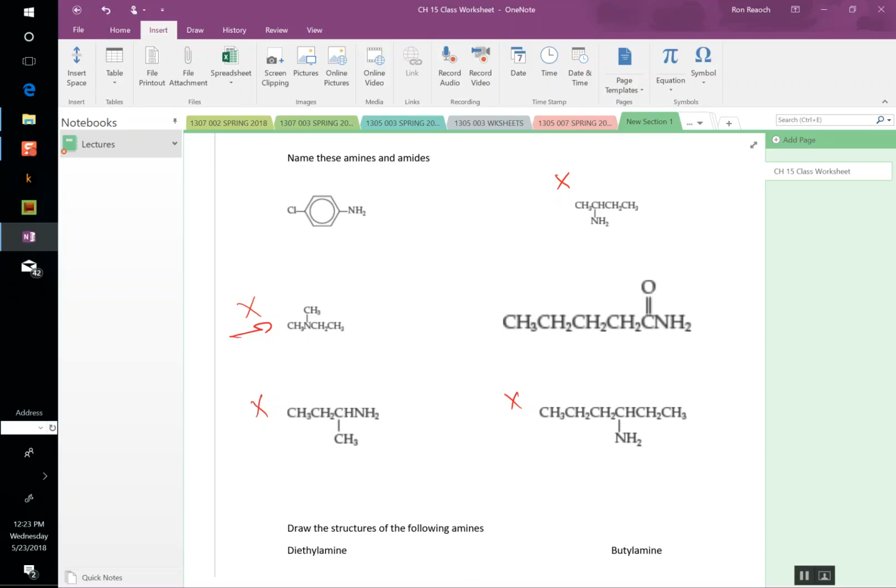Okay, we need to take a look here. This looks like a methyl group, doesn't it? Yeah, but it's not. Let's put it down here. We got a CH3, a CH2, a CH, and a CH3.